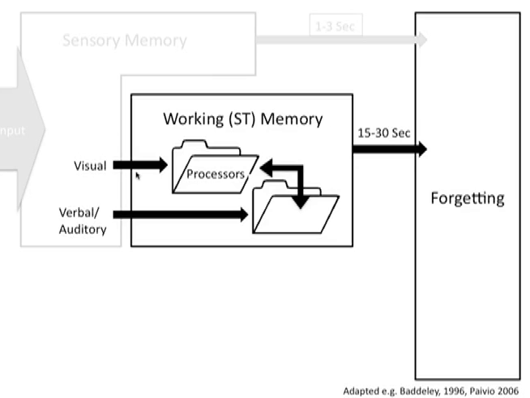The second area of memory that we'll take a look at is what we call working memory, and sometimes this is referred to as short-term memory. There's quite a bit of debate within the literature right now about the difference between these two, whether they're the same or two different components of the same thing.